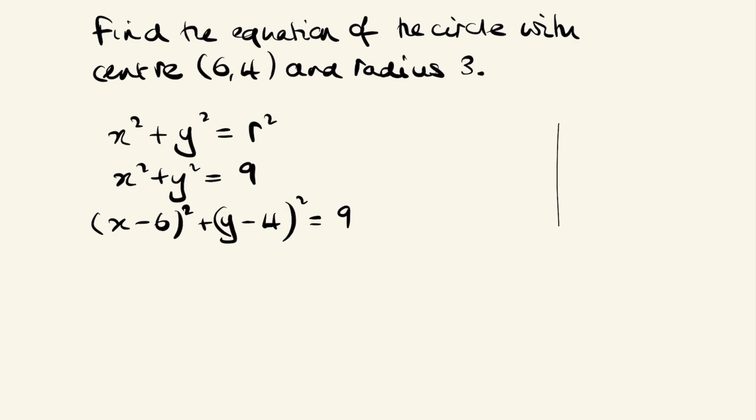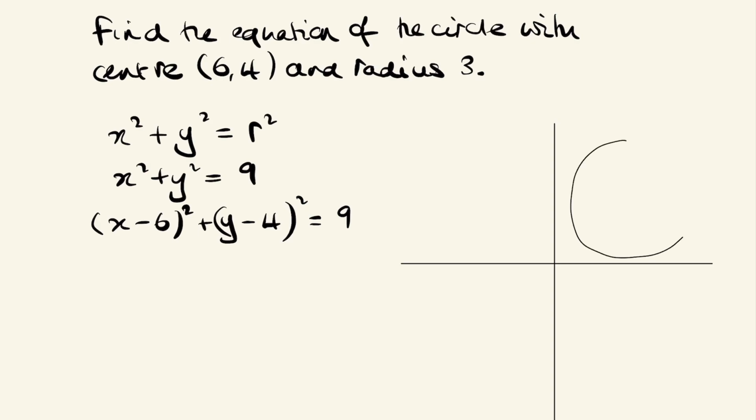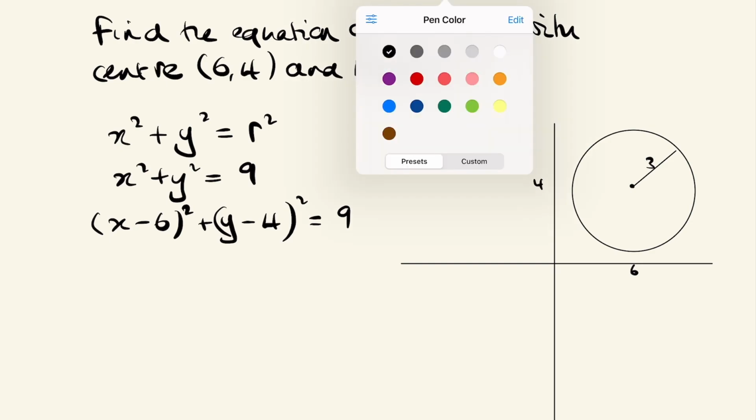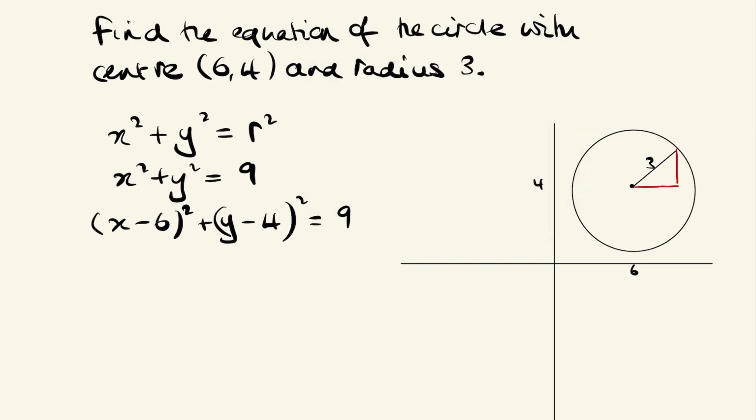Now let's examine that a little bit and see why that might be the case. What we've got is a circle that's kind of up here, and so we want the centre to be at the coordinate 6 and 4. And we know that the radius here, well, that's going to be 3 because it's going to be the square root of this. And then if we put a couple of lines in to make a right angled triangle here.